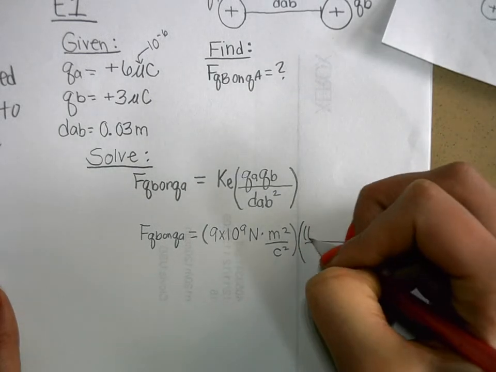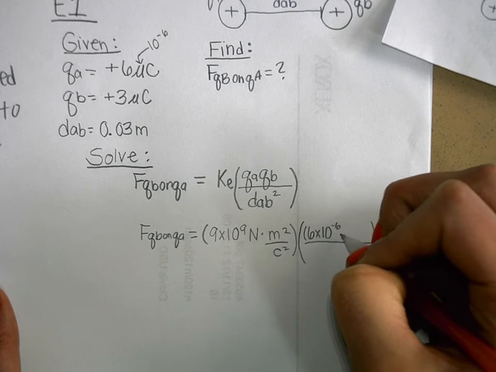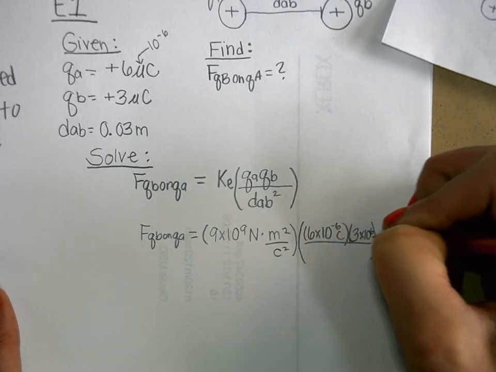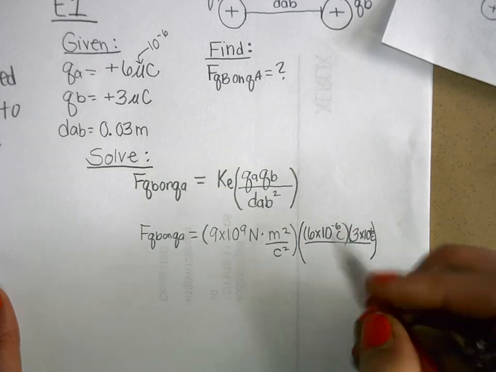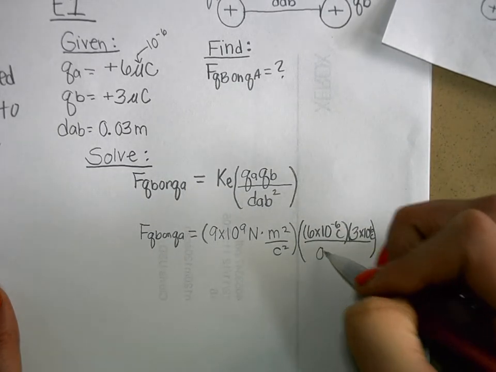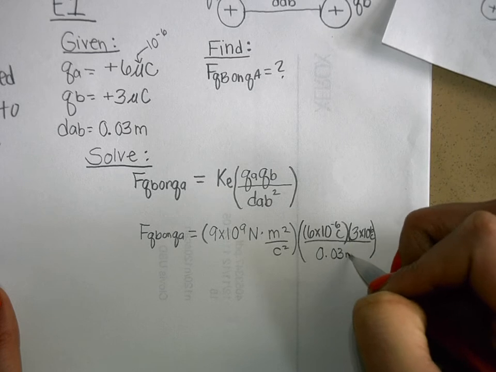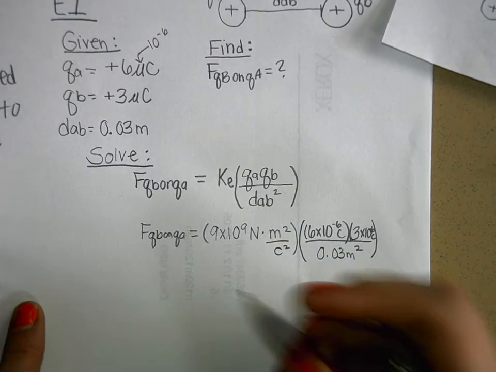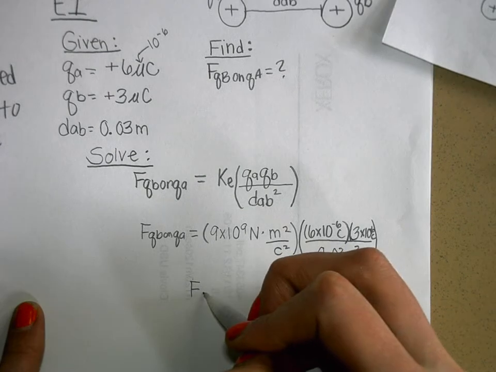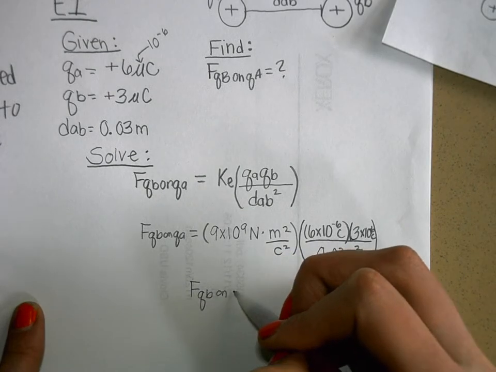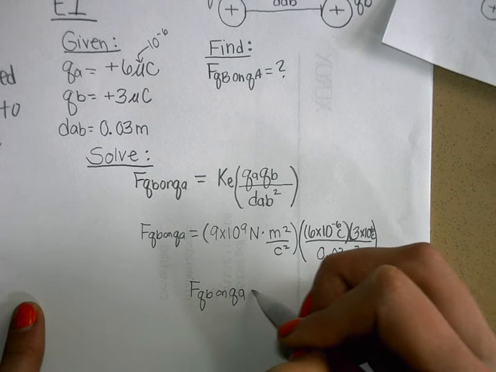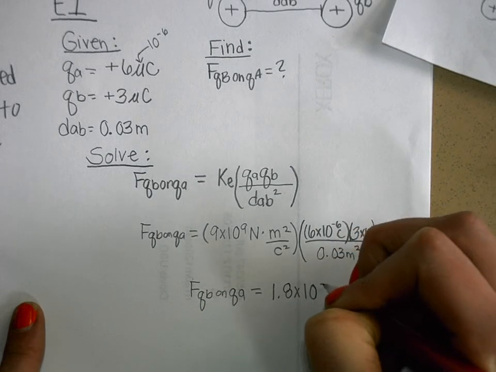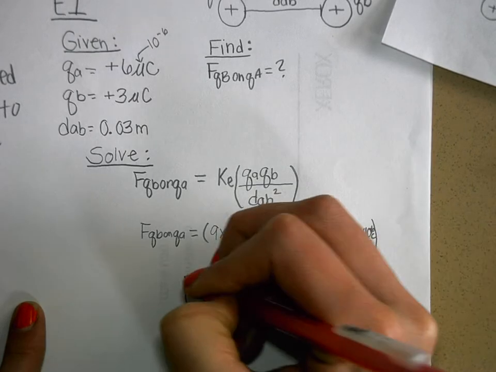Then that's times 6 times 10 to the negative 6 coulombs times 3 times 10 to the negative 6 coulombs divided by the distance squared, so 0.03 meters squared. When you plug that into your calculator, we find that the force of charge B on charge A is equal to 1.8 times 10 to the second newtons.